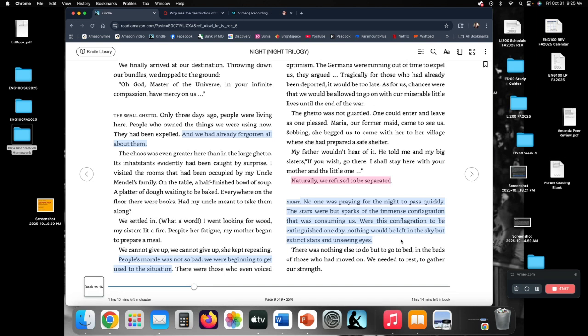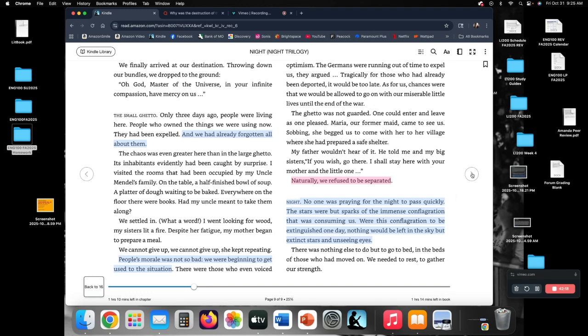So all of this metaphor, comparisons, extinct stars equal the Jews, the unseeing eyes, the indifference, just this portrait of foreshadowing of the Holocaust, what it's going to mean, what its effect is going to be, and the importance of that. And this is on page 21. Sorry if I didn't say that.